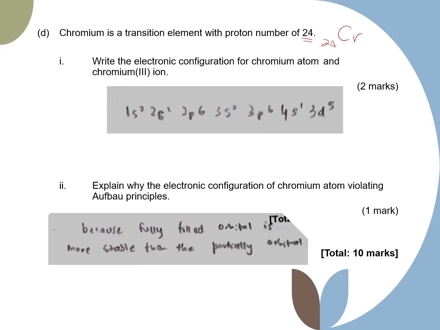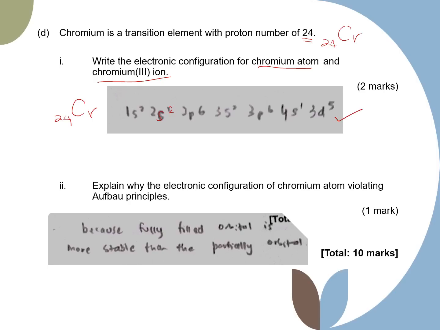Write the electronic configuration for chromium atom and chromium ion. Your friend here just gave the electronic configuration of chromium atom: 1s2, 2s2, 2p6, 3s2, 3p6, 4s1, 3d5.